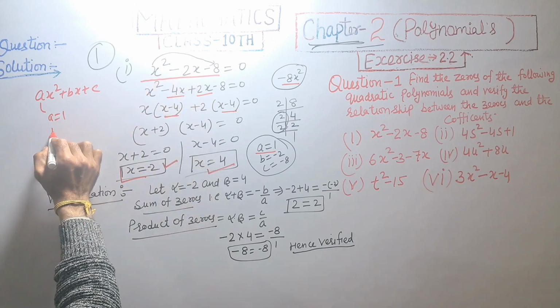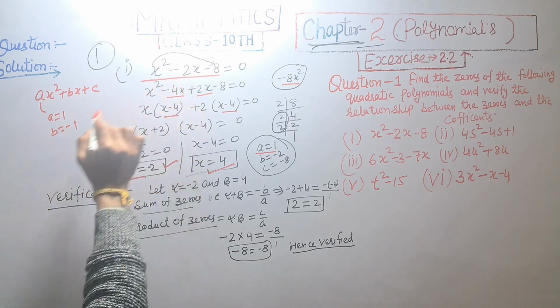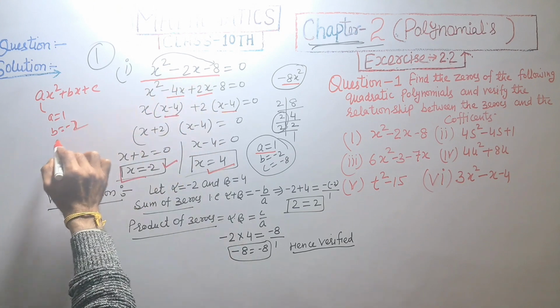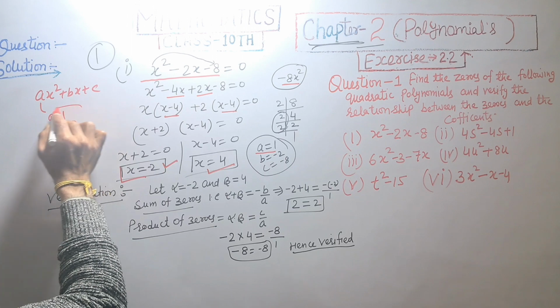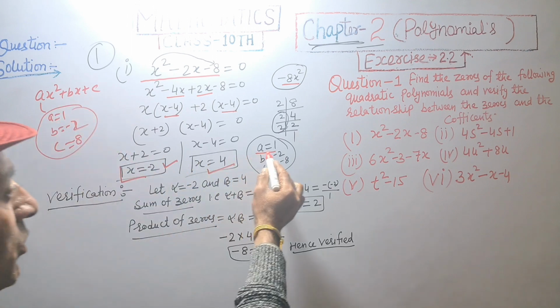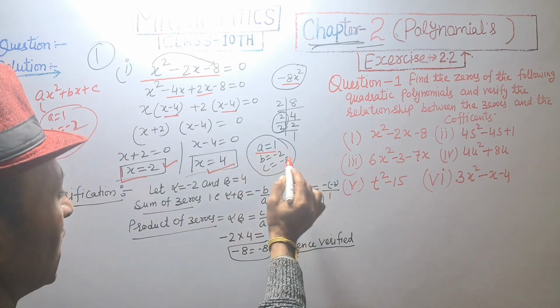Coefficient of x, b, is equal to minus 2. And the constant, that is the value of c, is minus 8. So we get the values of a, b, c.